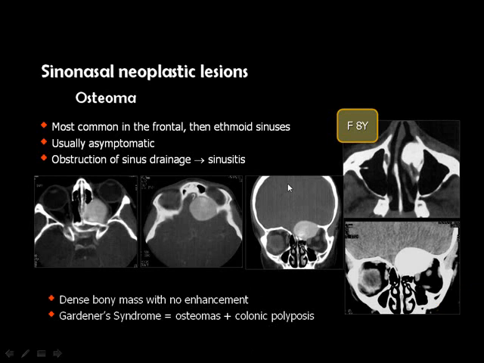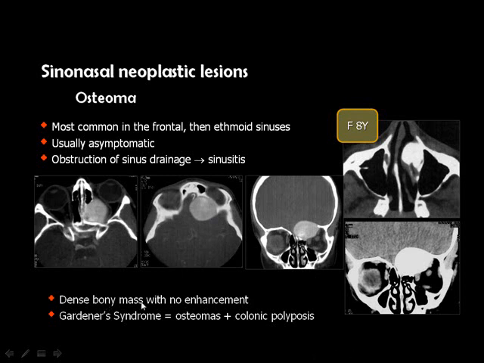Then the neoplasms of the paranasal sinuses are divided into two main categories: the benign lesions and the malignant lesions. On top of the benign lesions comes the osteoma, which is a bony mass formed of solid bone. It is commonly seen in the frontal sinuses, but may be seen in the ethmoidal or in the maxillary antrum as well.